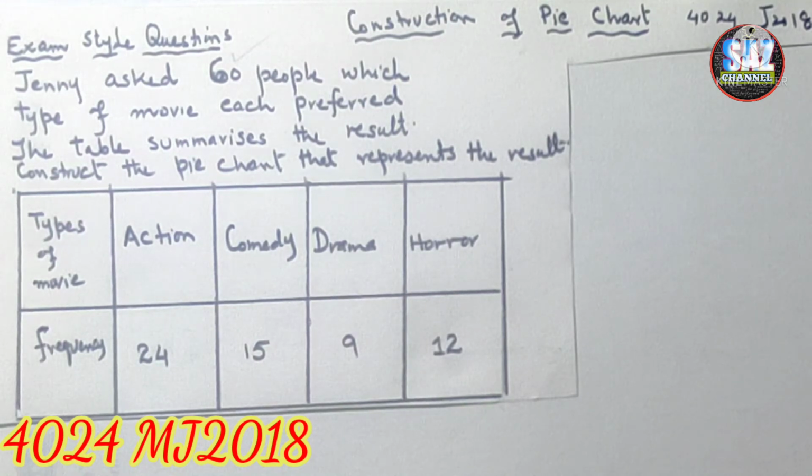Because while I was making the lesson plan for my O3's revision, I was finding that in May, June 21 and October, November 21, the reading and interpretation and construction of pie chart was there, so that my students can recap these questions easily.